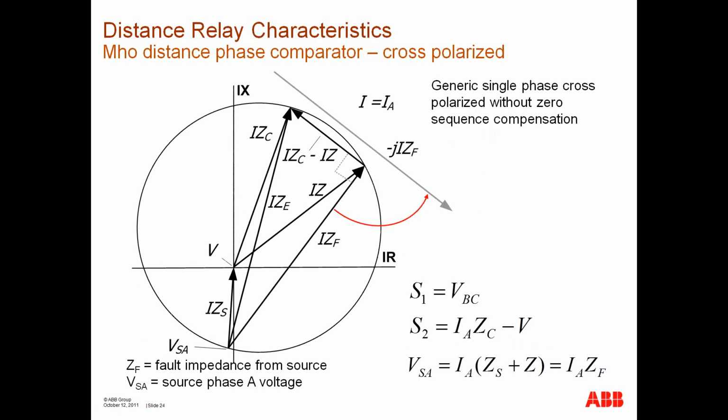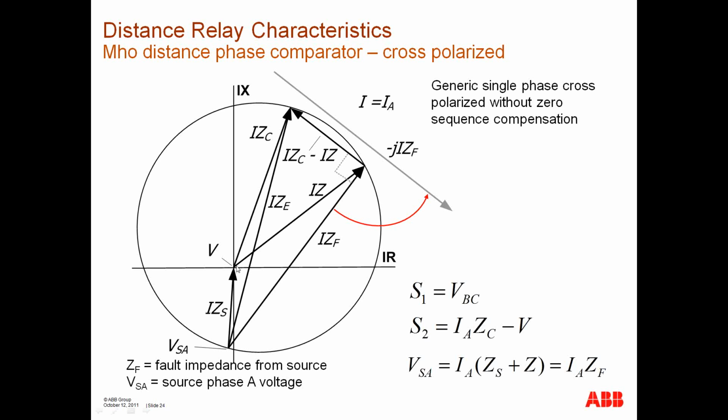For a cross-polarized or positive sequence polarized characteristic, I use cross-polarized as an example, you're including the source impedance. You can only measure quantities at the relay, and of course, for the fault voltage at the relay, you only see this portion of the voltage.